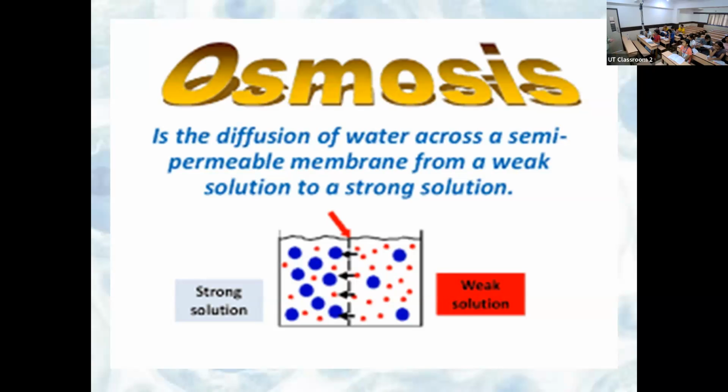Is it same meaning? Yes. सिर्फ पानी के बदले हमने more dilute या weak solution, अपन dilute के बदले weak लिखते हैं. So from a weak solution it has moved to a strong solution. तो अपन ने यहाँ पे concentration of solution के हिसाब से define किया. From a weak solution to a strong solution.